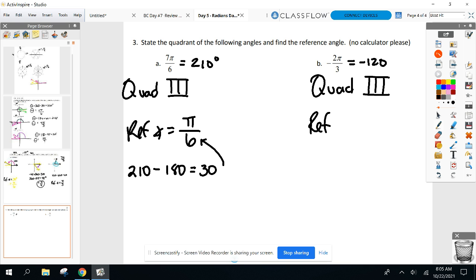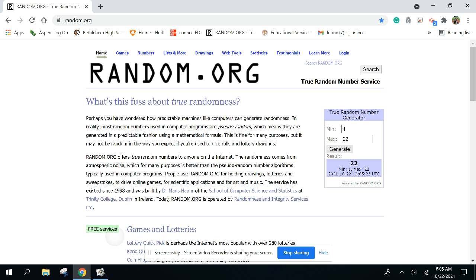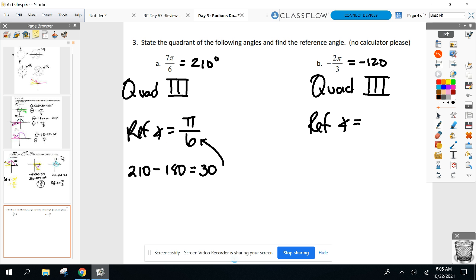Reference angle. If not, I'll work through it with you.